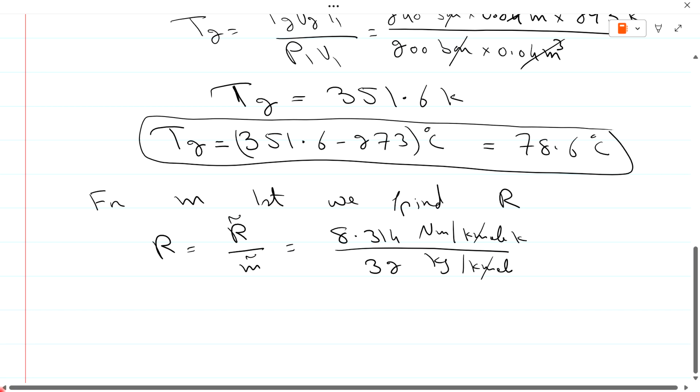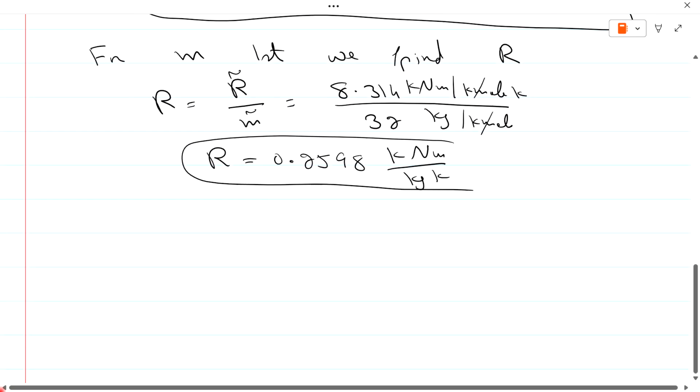Kilomole will be cancelled with kilomole, so the value of R will be equal to 0.2598 kilonewton meter per kilogram per Kelvin.